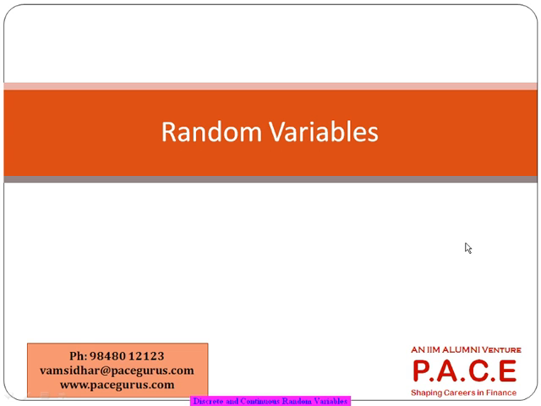They are nothing but any event that we are doing. Let's say I'm having a set of policies, right? What is the probability that a given policy that I have taken will have a claim of more than 1 lakh?